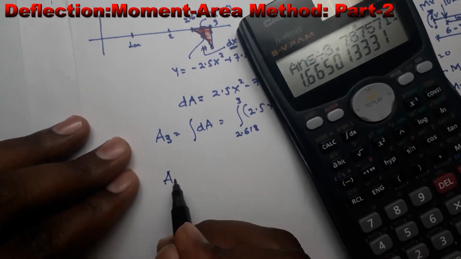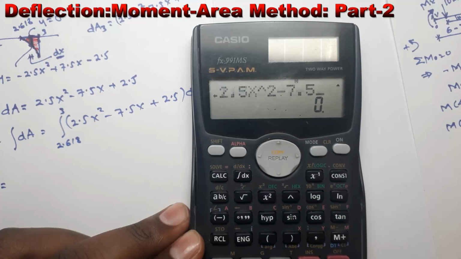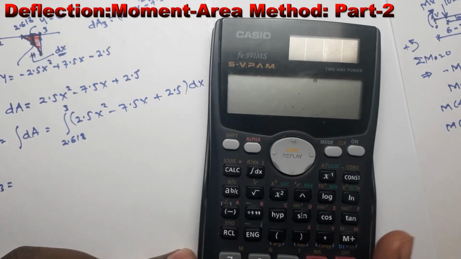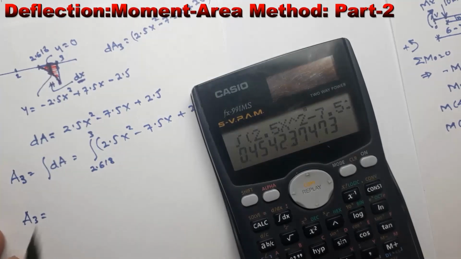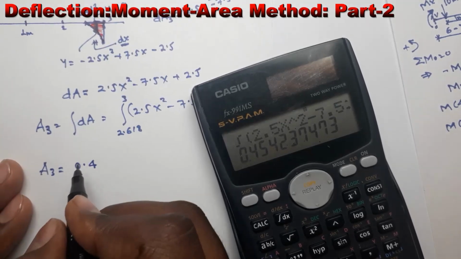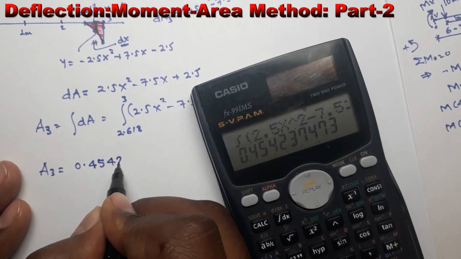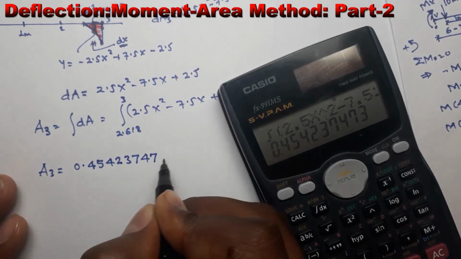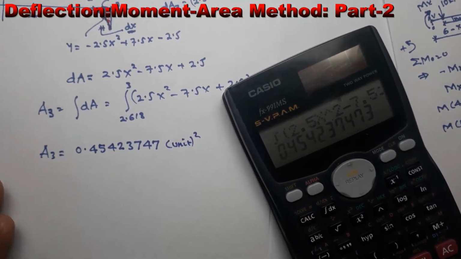So area 3 is found to be 0.45423747 unit square.